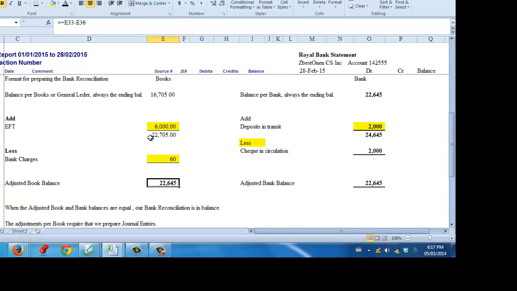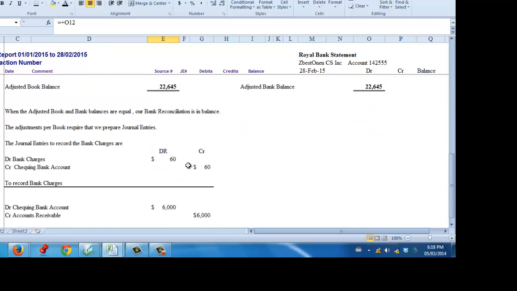One thing to remember, all adjustments that we process when we prepare our bank reconciliation are on the book side. We must prepare journal entries. If we start off with the bank charges, that means the bank removed $60 from our bank account. We need to record the bank charges. How do we do that? Very simple.